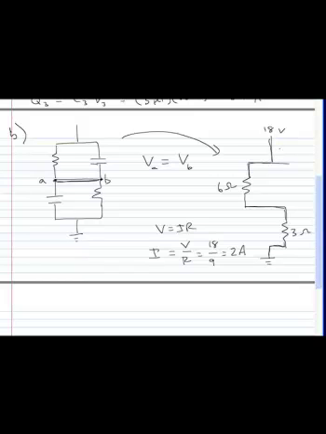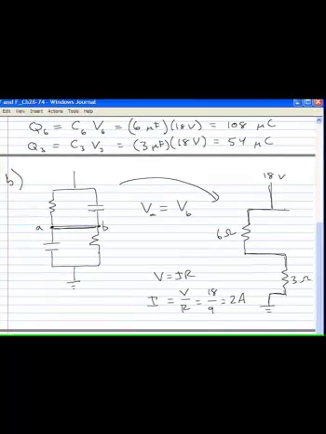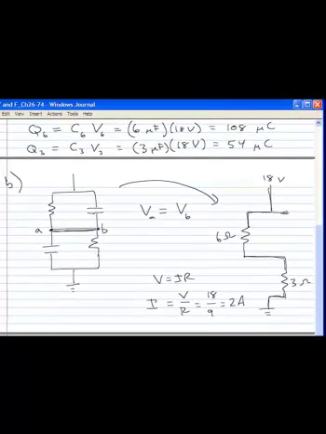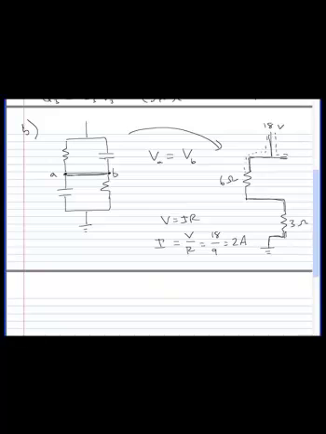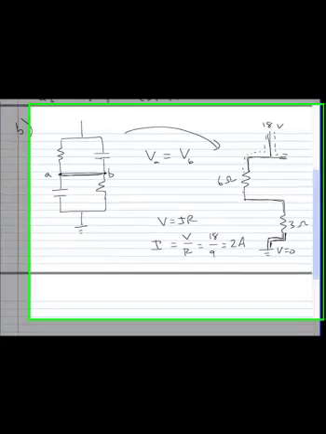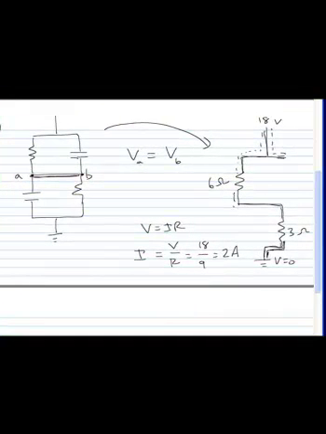And so I know that this whole section up here is 18 volts, and this whole section down here is 0 volts. And the question is, what is this section in the middle?